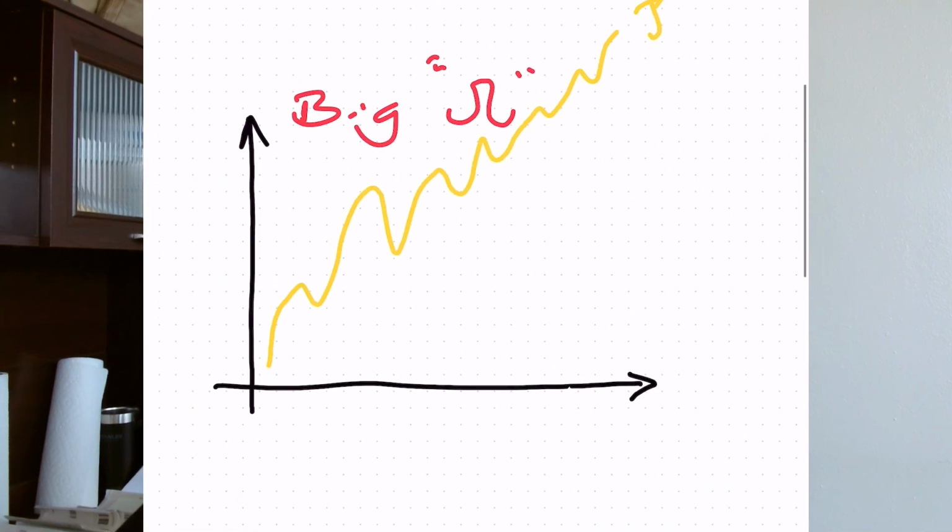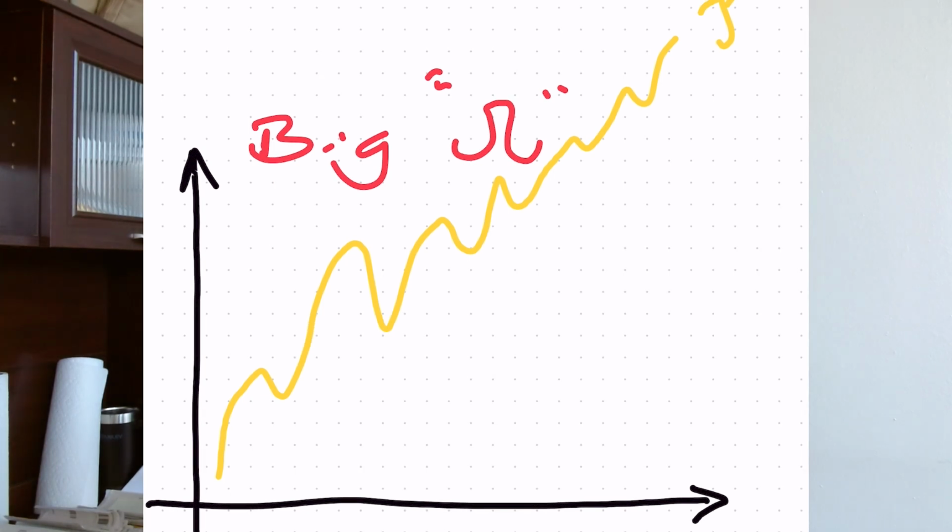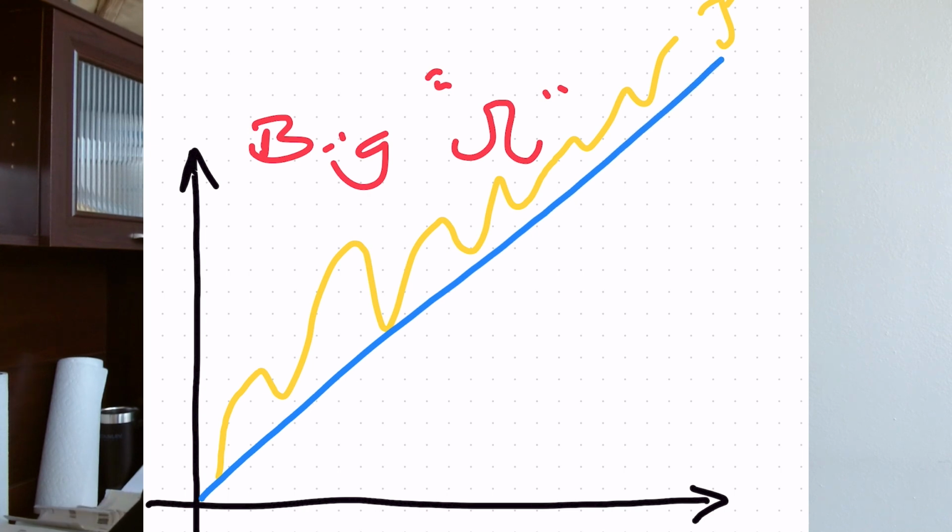Conversely, big omega, on the other hand, is the opposite of big O. Let's say we have this complex algorithm running time, and let's say that we were able to find a lower bound for this algorithm mathematically.